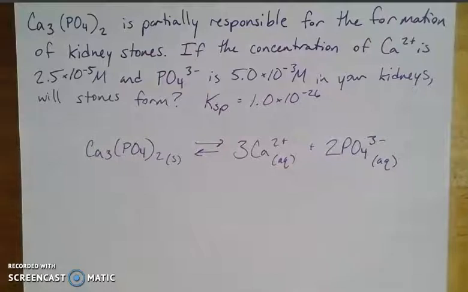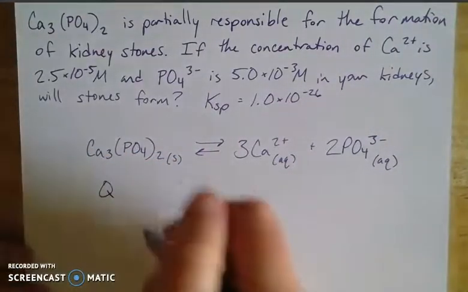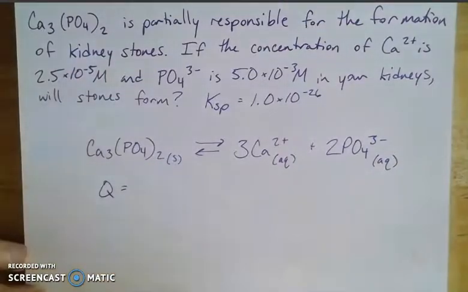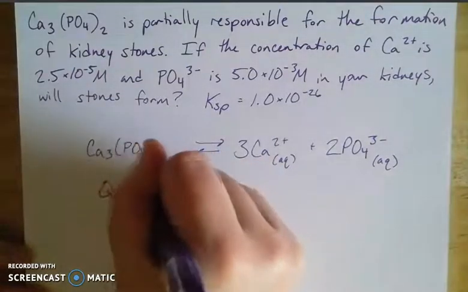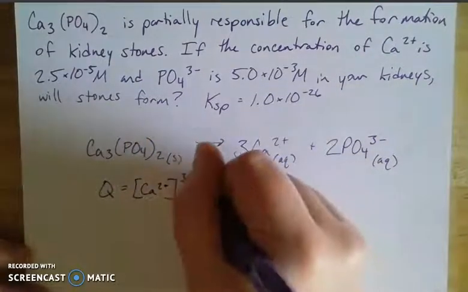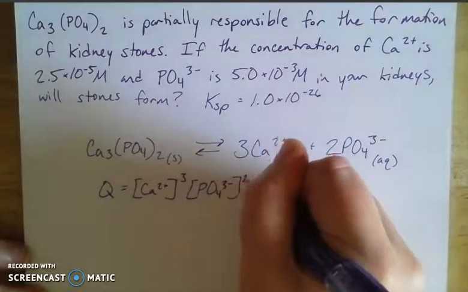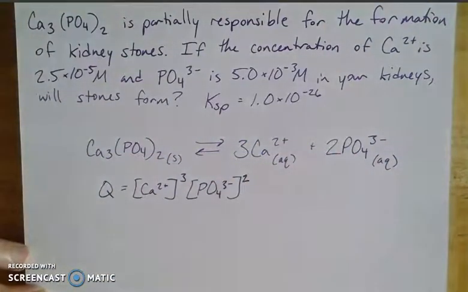Okay, anyway, if we were thinking about the Q value here, our ion product or our reaction quotient, then the expression for that is going to be the calcium ions cubed times the phosphate ions squared, in accordance with my reaction here.